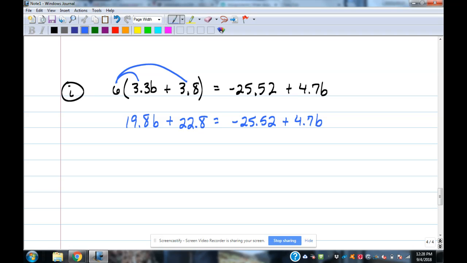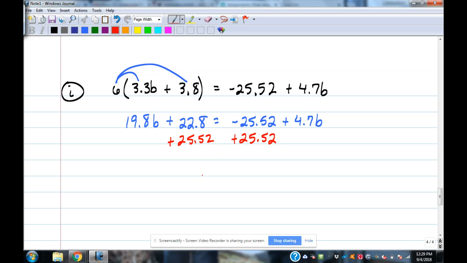I like moving that one because it's negative, and if I move it, I'm going to use what? Positive, and that goes well with my 22.8. It's positive. So if I move the 25.52 by addition, that seems to help me with signs, where there's not any negative signs in the problem after I do that.